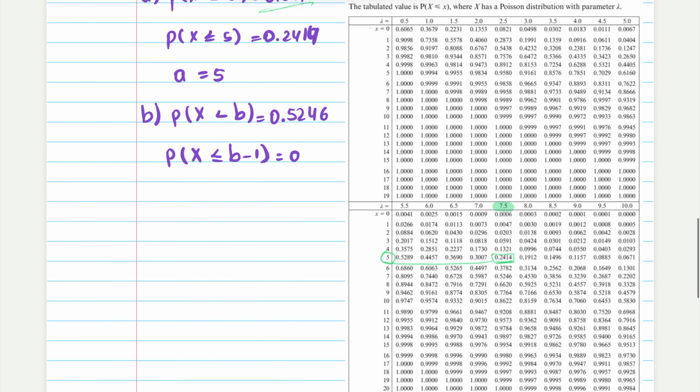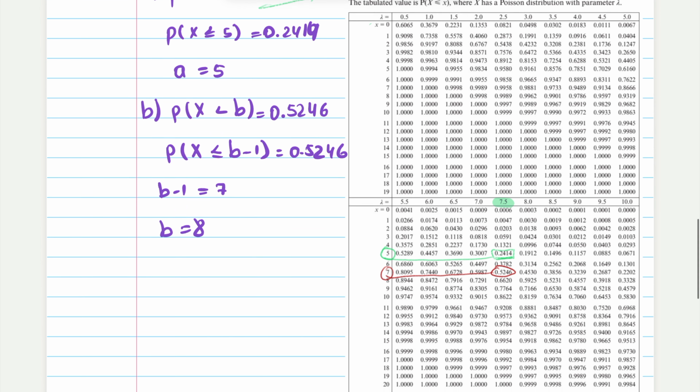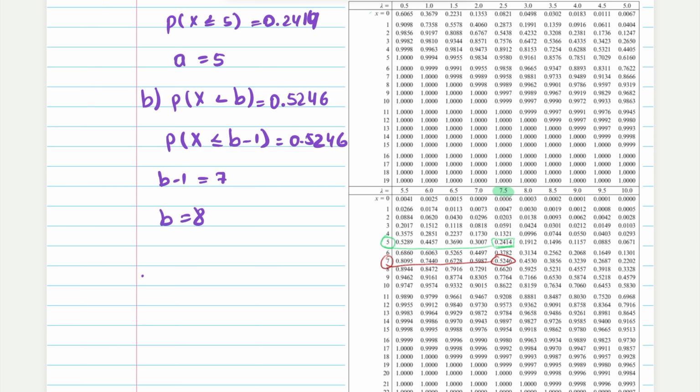So that equals 0.5246. So all we have to do is find 0.5246. It is here. That gives us the value 7. So we're going to say that B minus 1 must then be 7. So B must be 8 in order for this statement to be correct.